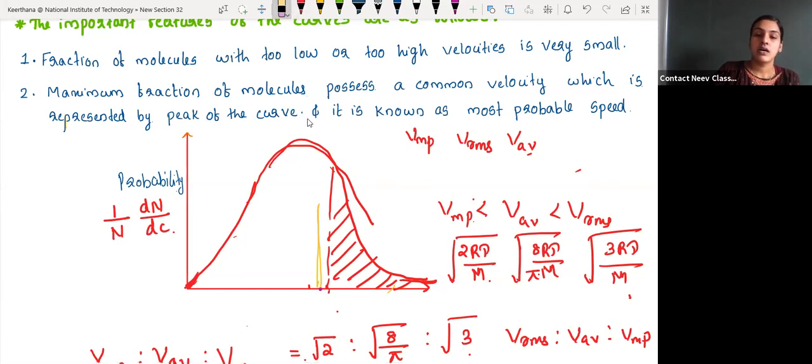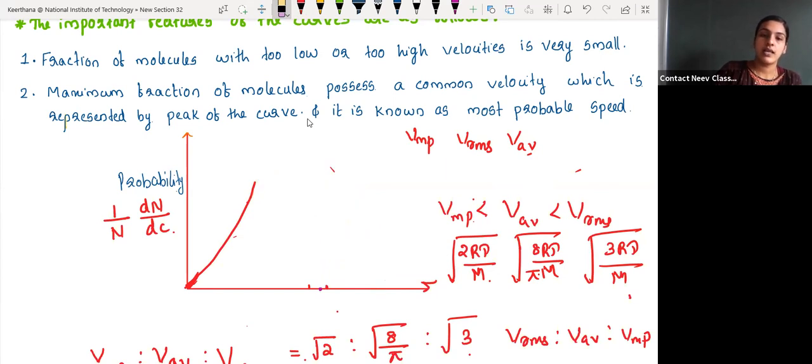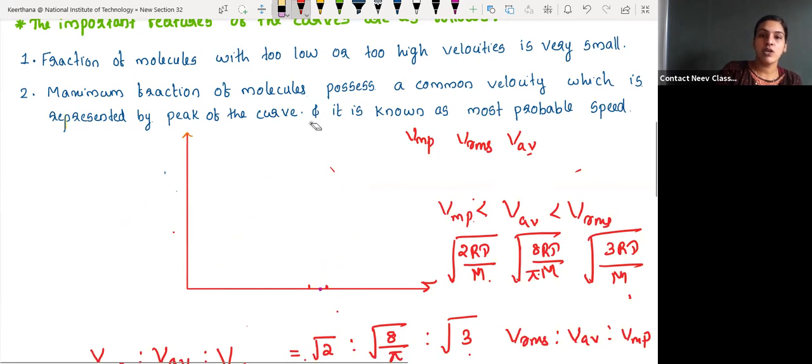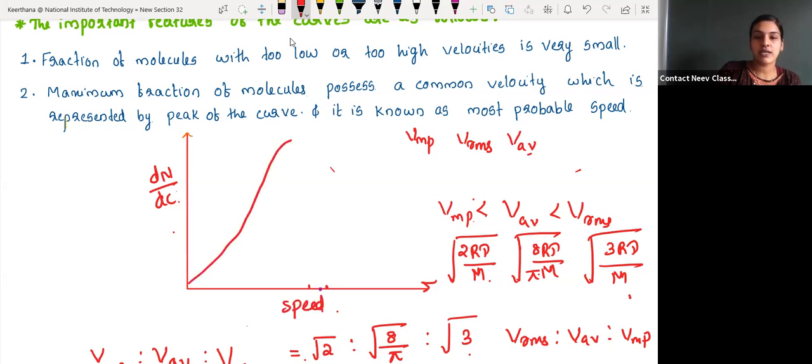And so this is one way. And then one more way is there actually. If I'm taking the number of molecules, dN by dC, the number of molecules having a particular velocity between C and C plus dC, versus speed, I will get the same curve actually.